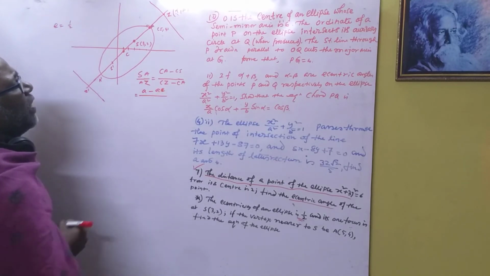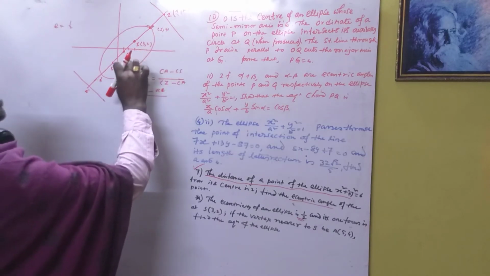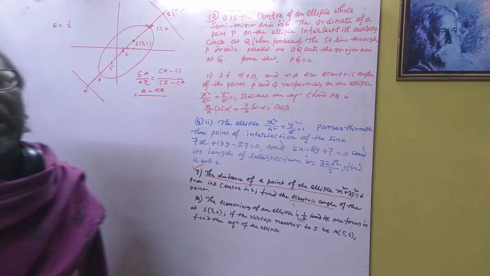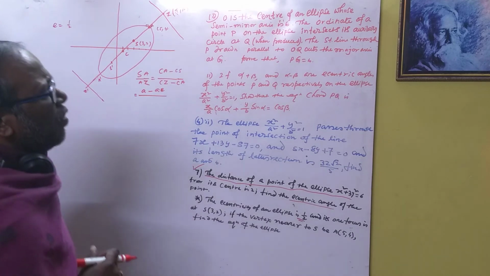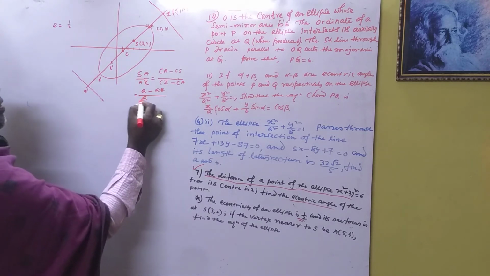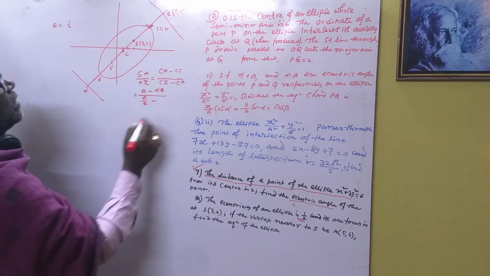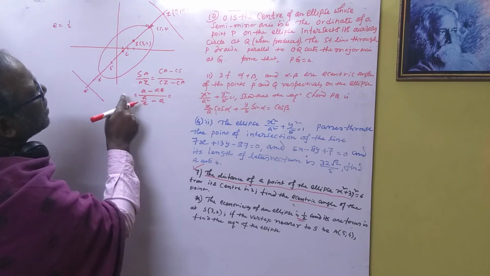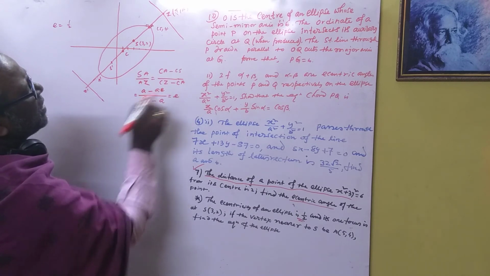So we can easily find the ratio like that. CZ here is the distance from the center to the directrix. For the basic drawing, the equation of the directrix is x equal to a by e. So from the center to the directrix is always a by e. And CA, from the center to the vertex, is a. If we simplify this, the a's cancel, the (1 minus e) cancels, and the ratio is always e.